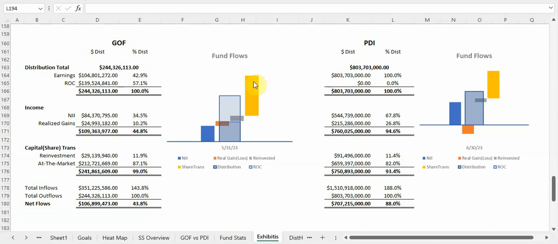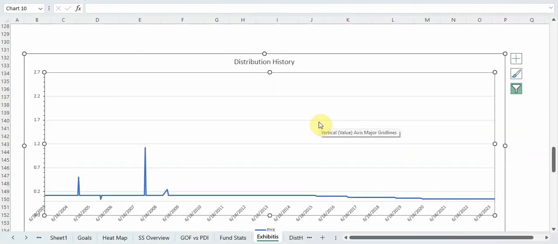Number one, the fund's inflows no longer exceed the fund's outflows. Number two, the fund actually makes a very small distribution cut, as we witnessed in the case of PHK, where they made a small incremental cut in their distribution from 12 cents to 10 cents.